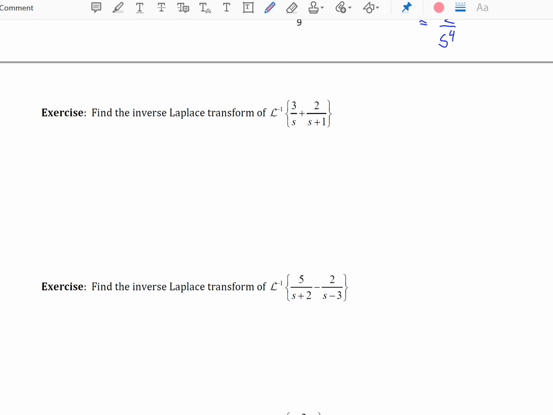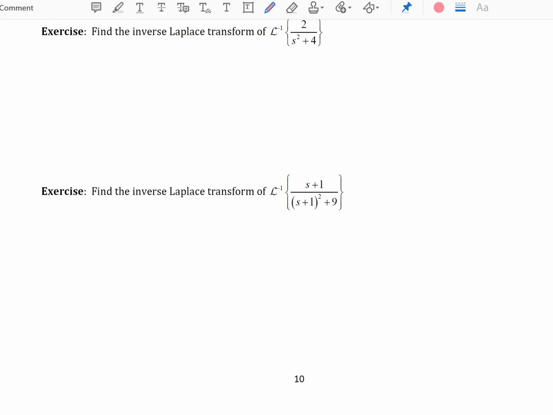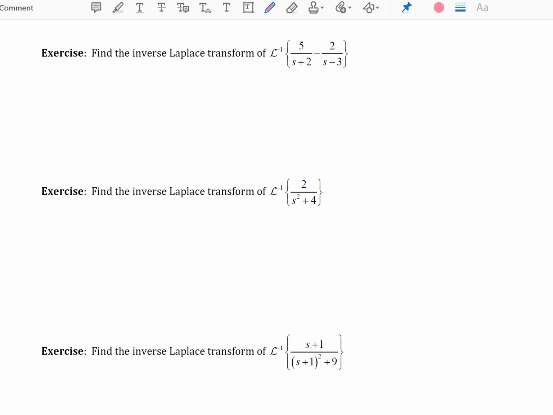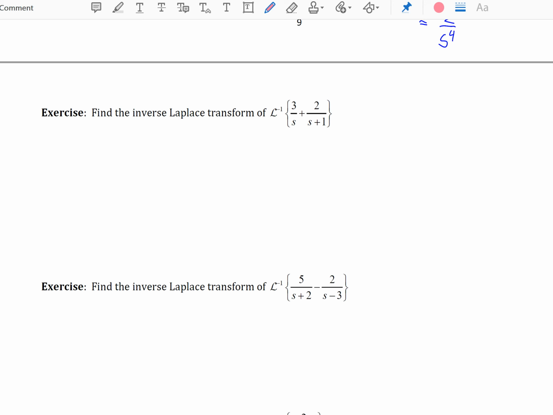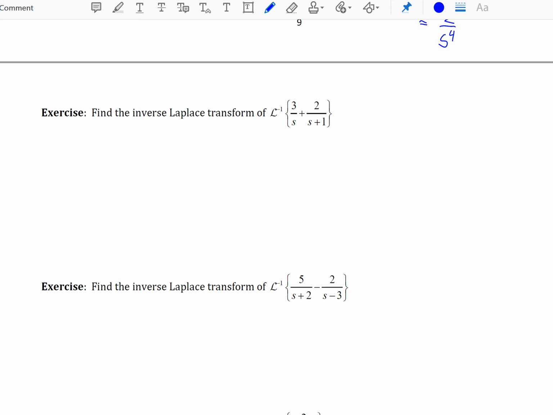Find the inverse Laplace transform of 3 over s plus 2 over s plus 1. Now, the Laplace transform is a linear transformation, so it does preserve scalar multiplication. So I'm going to write this as the inverse Laplace.